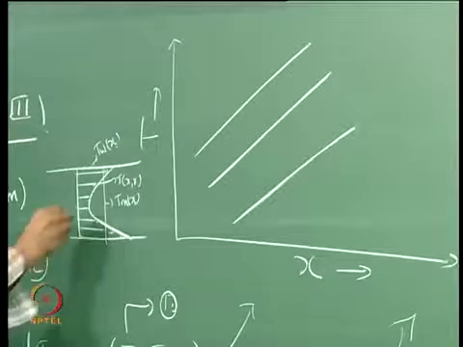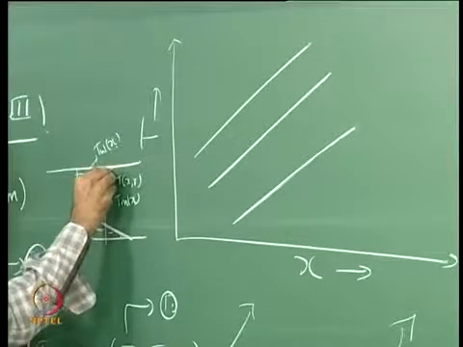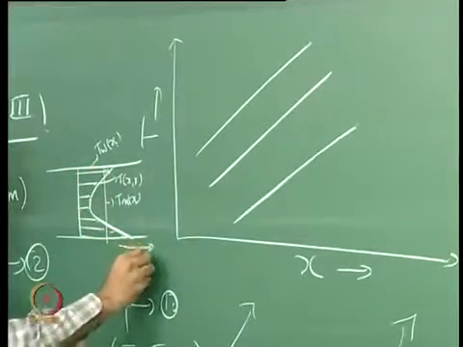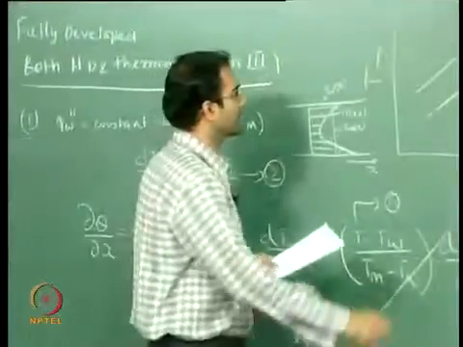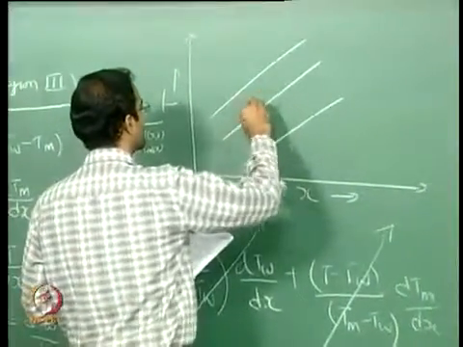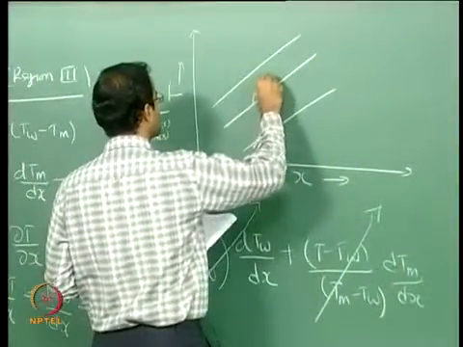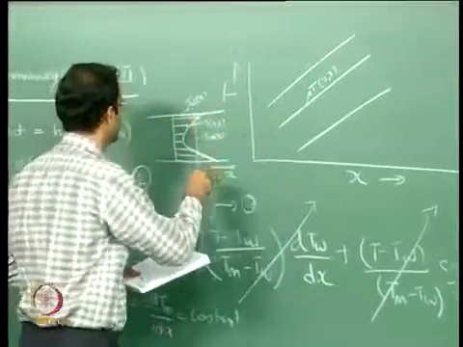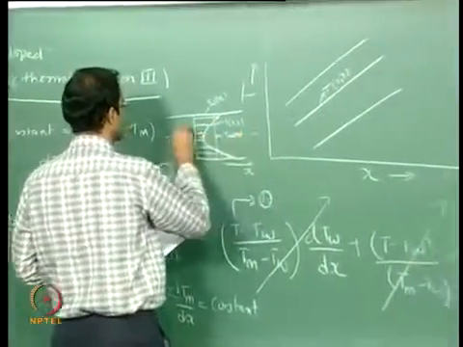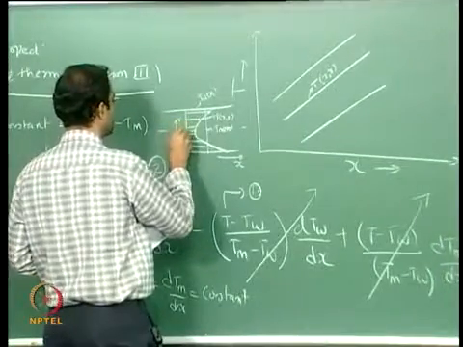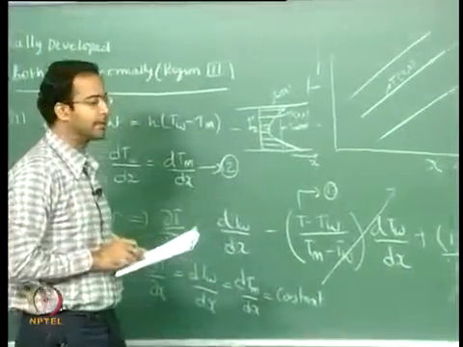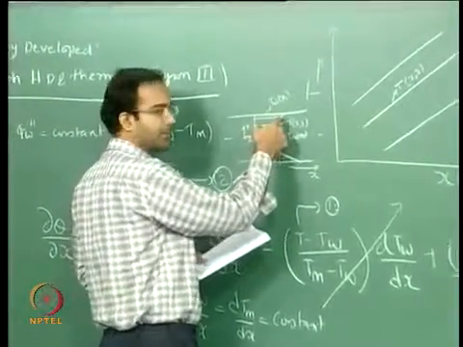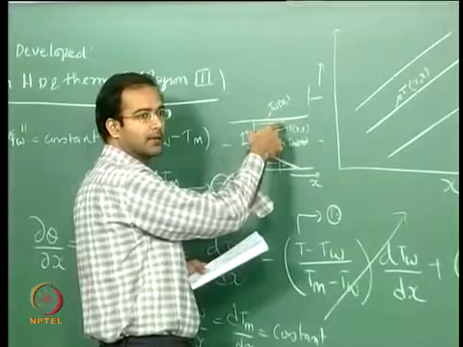If you plot the local temperature along the axial direction at some radial location, this follows a linear profile like this. This is the center, and the mean profile will be slightly lower than the temperature at this particular radial location.